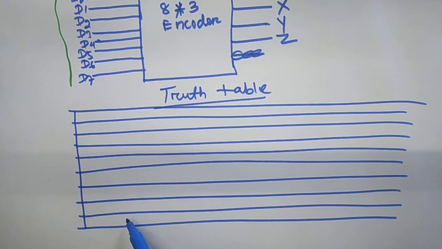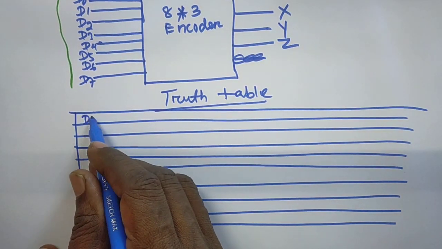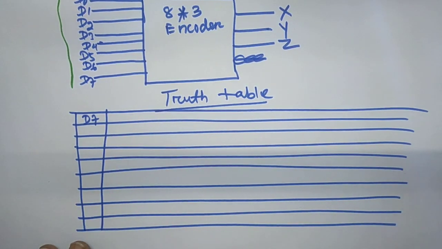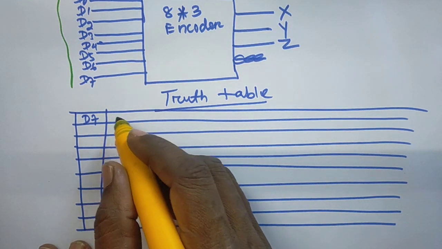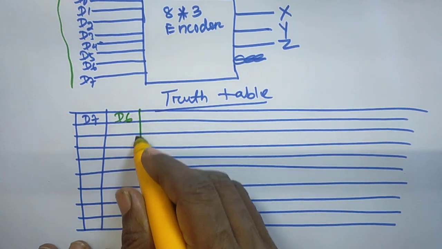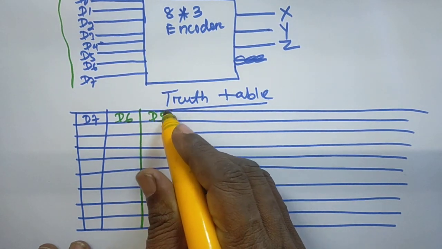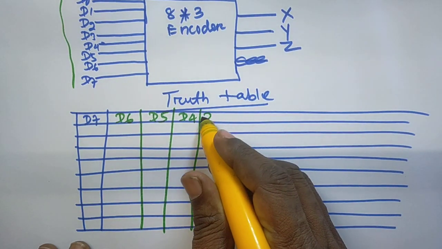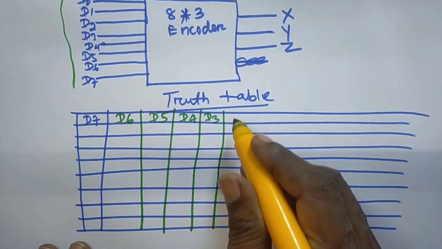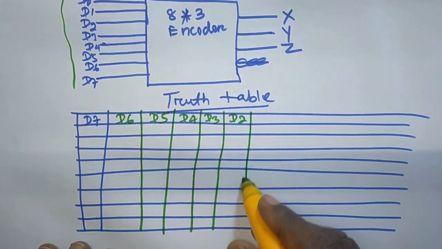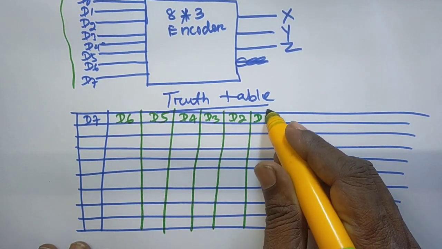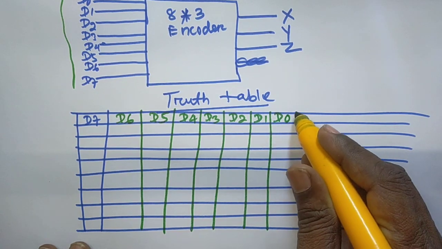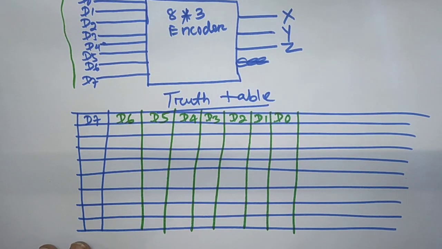Okay, so the last one we can tell is D7. So we can also write D7, here is D6, here also D5, D4, D3, D2, D1, D0. Okay, these are the inputs.